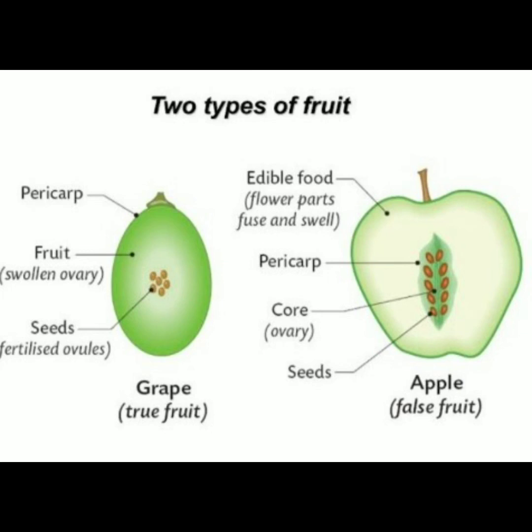Ripened means matured. The seeds develop from the ovules. The seed contains an embryo enclosed in a protective seed coat. Look at the picture. Fruits and seeds are formed by fertilization or sexual reproduction in plants.